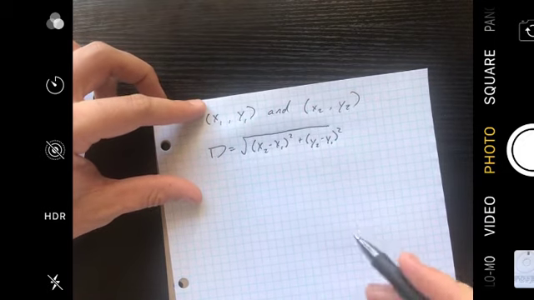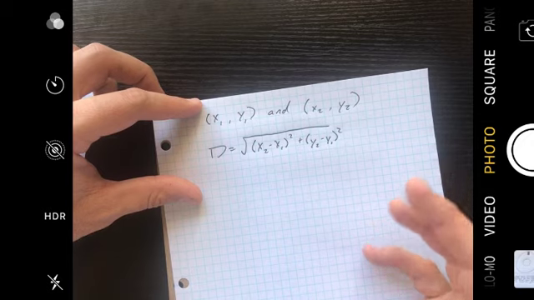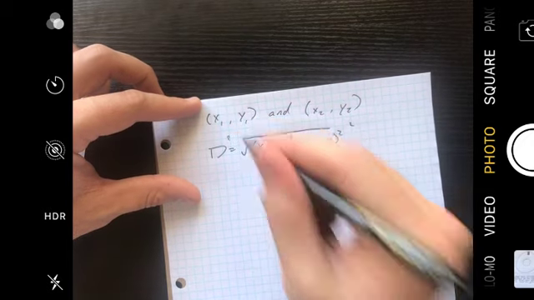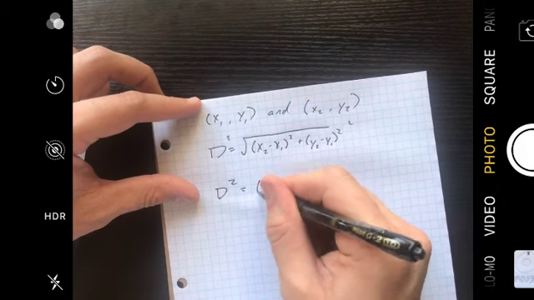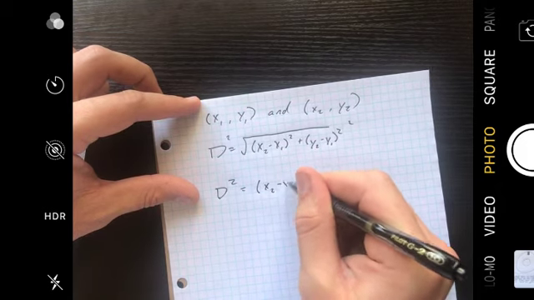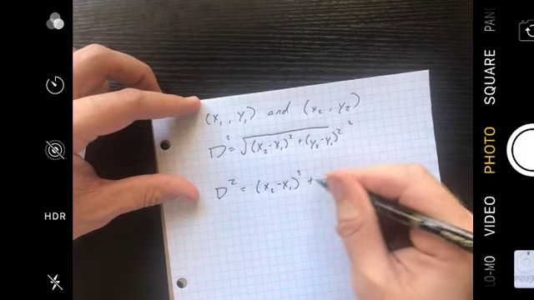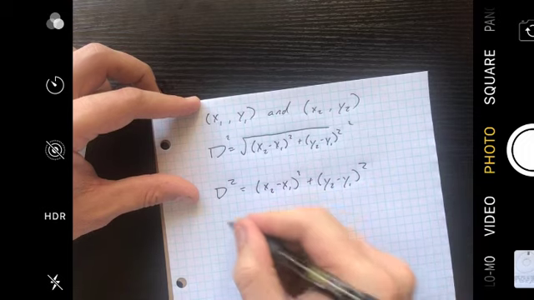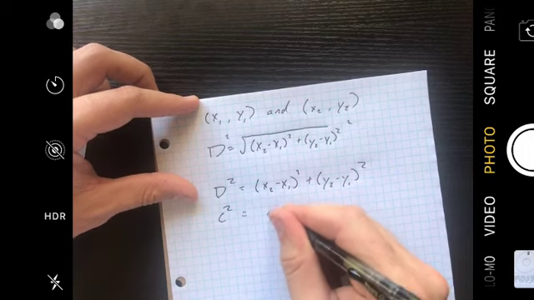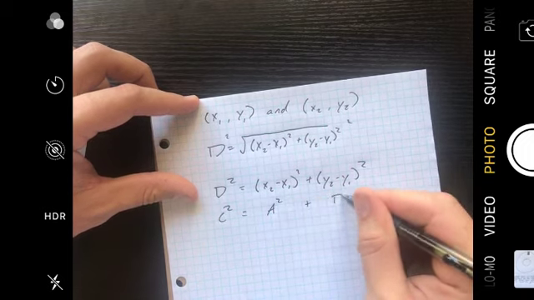But you could just use the Pythagorean theorem, 100%. Because if I just square both sides here, what I get is d squared, which is the hypotenuse, is how far it goes in the x direction squared plus how far it goes in the y direction squared. That's the Pythagorean theorem. C squared equals a squared plus b squared.